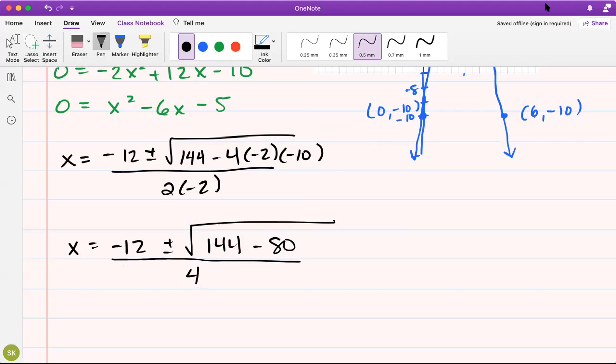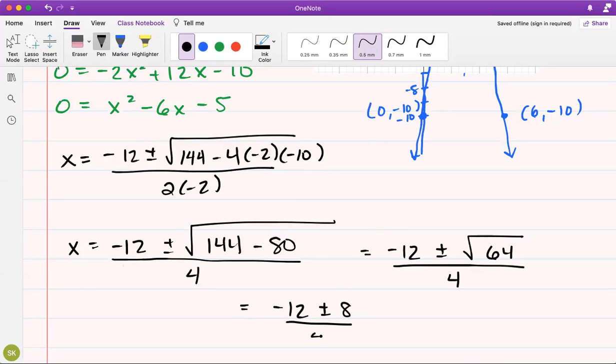Now let's pull out a calculator. 144 minus 80 is 64. Oh, it is. So we get negative 12 plus or minus the square root of 64 over 4, which is negative 12 plus or minus the square root of 64, which is 8, over 4.